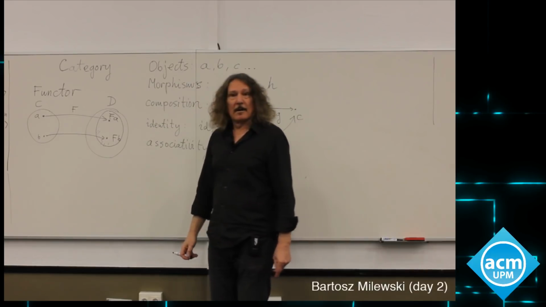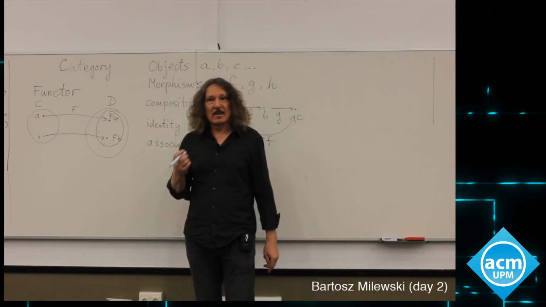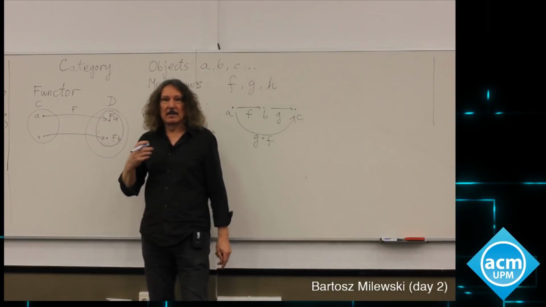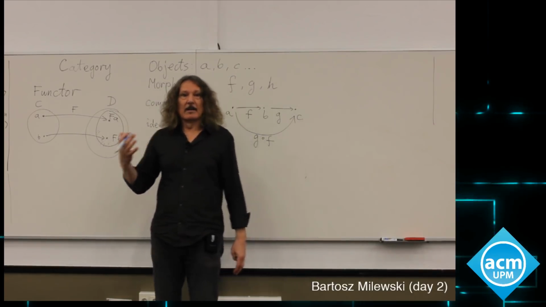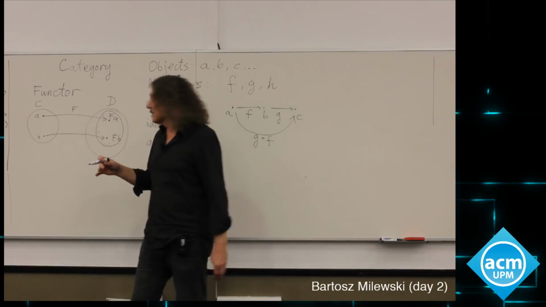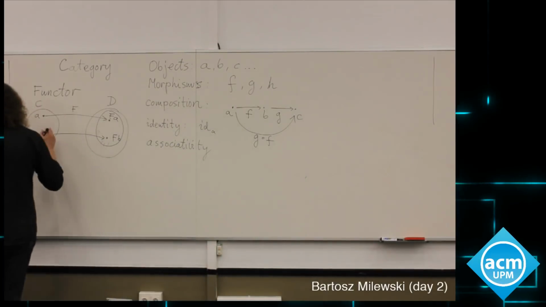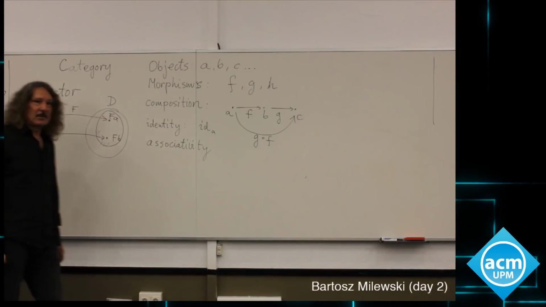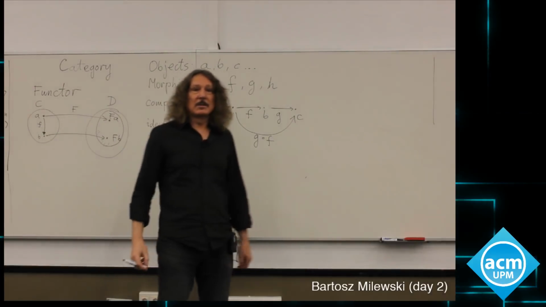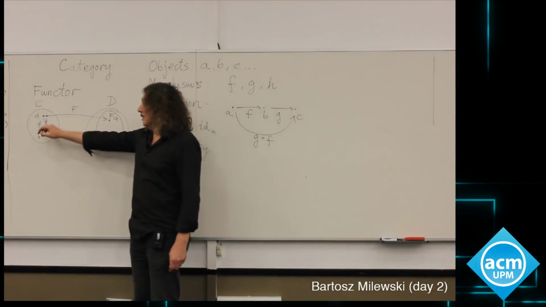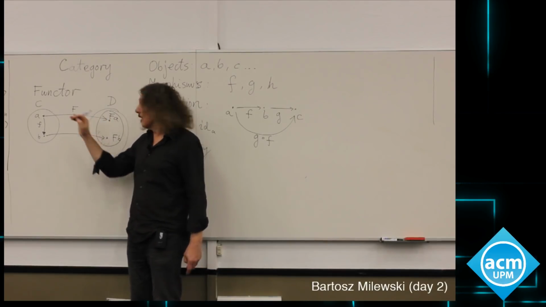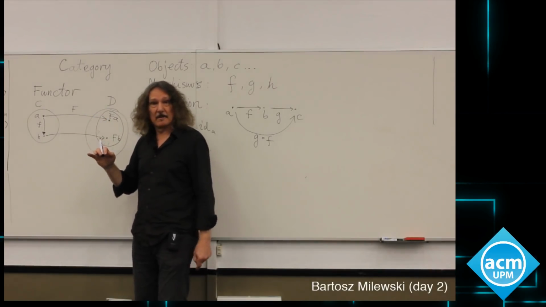But now, we said structure-preserving mapping. What does it mean? Structure in a category is described by morphisms, by arrows. Okay? So if we have an arrow going from, let's say, A to B, let's call it f, the functor would also have to define what it means mapping an arrow, right? Not only mapping objects, but also mapping arrows.